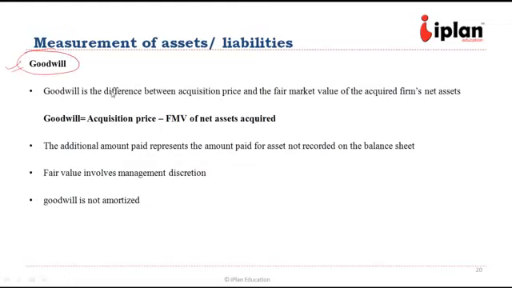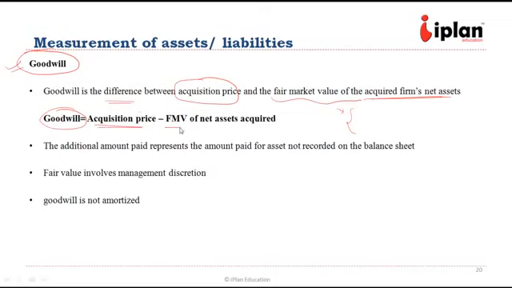Let us look at goodwill. Goodwill is the difference between the acquisition price and the fair market value of all the assets of the firm. As we know, in the case of acquisition, the company which is acquiring pays much more than the value of the assets of the firm, and the difference is because of the goodwill, or the value associated with the company's name.